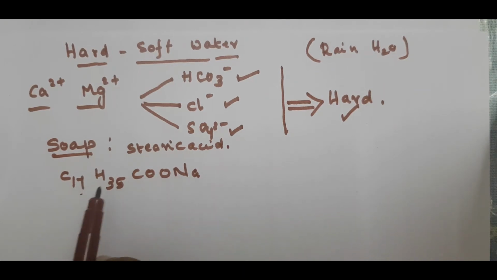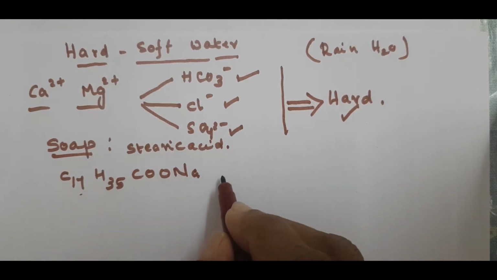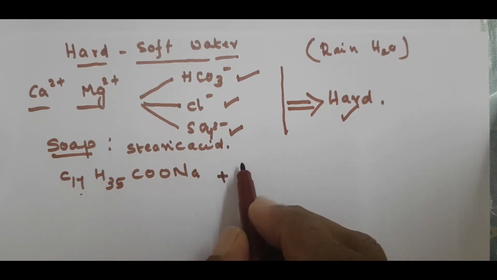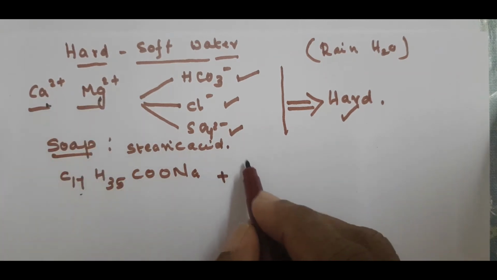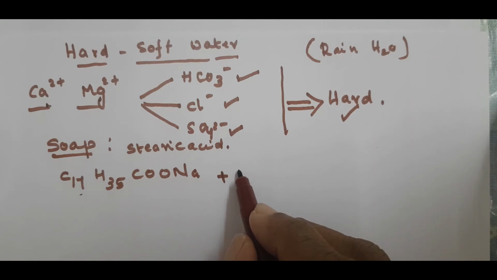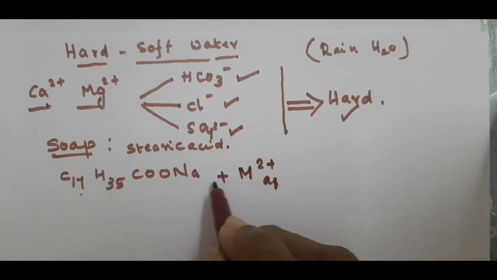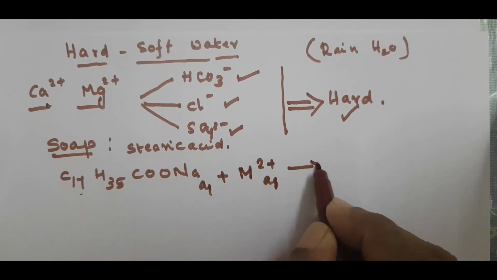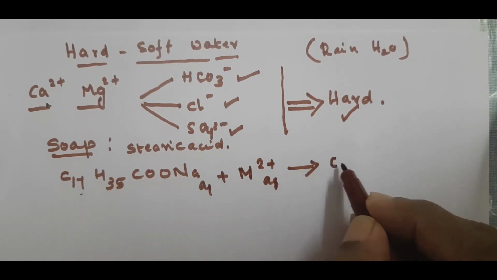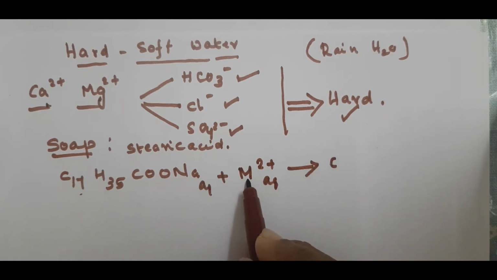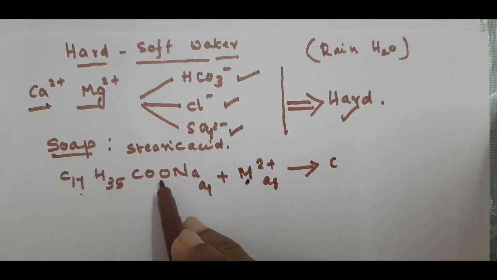Now the soap containing the sodium stearate, if it reacts with the hard water, what happens? It must be calcium or magnesium ion. So generally I can write M2+ ion. These are all in aqueous. See what happens. This M, that is the calcium or magnesium, will get precipitated as that soap.